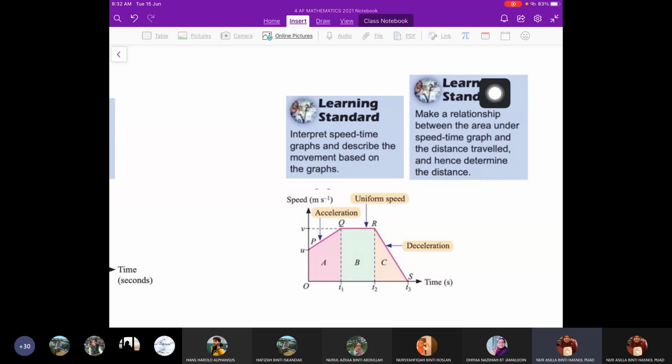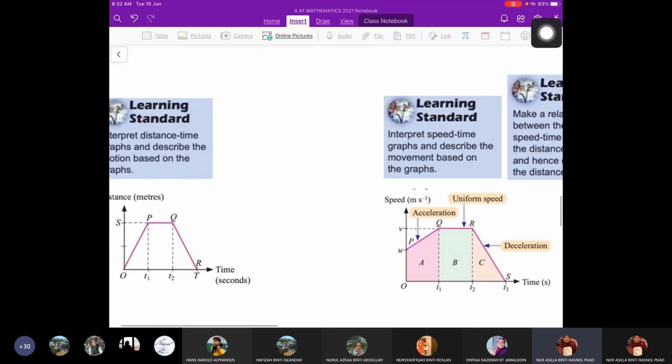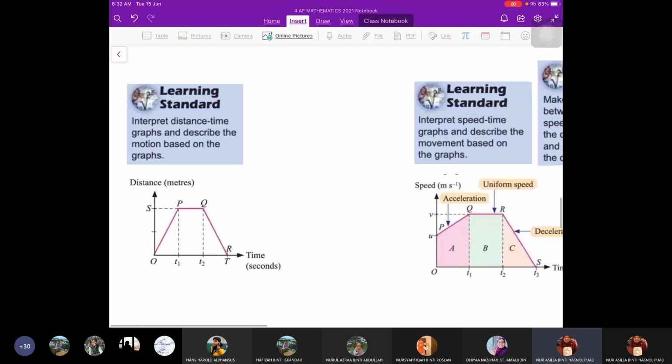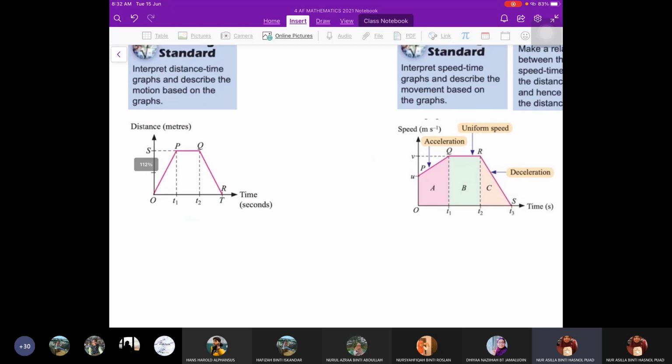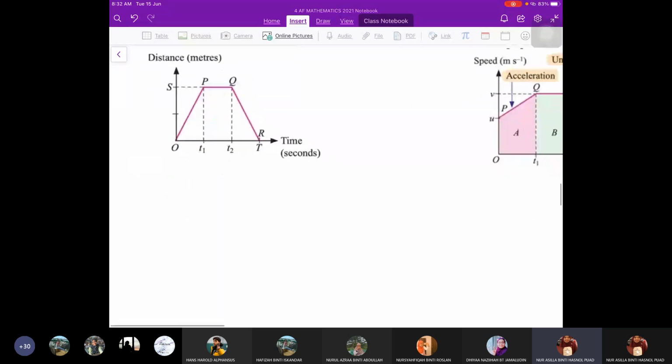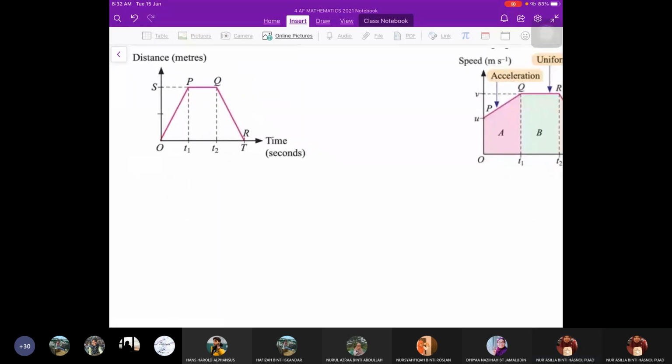So you will understand what I'm talking about bila saya ajar nanti. Okay, kita pergi kepada distance time graph dulu. I'm doing it side by side sebab lepas saya ajar, saya nak kamu perhatikan the similarities and the differences. Okay, kena fokus on distance time graph dulu.